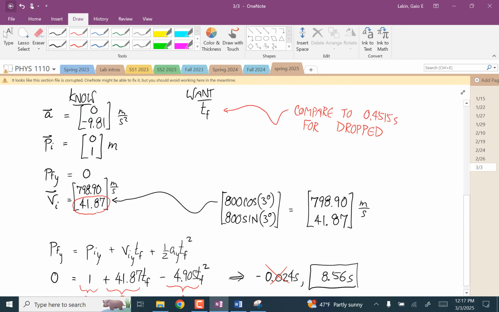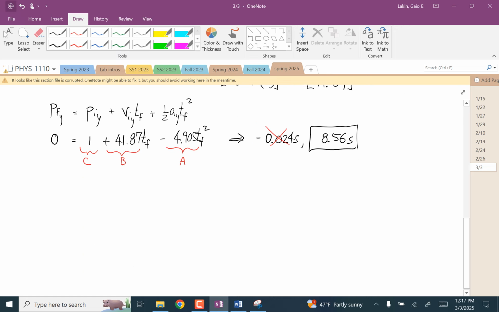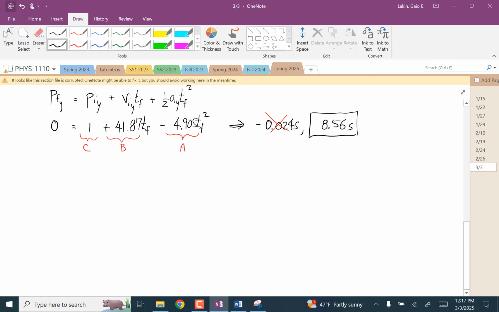So for part B now, we want to figure out what PFX is. And we can use this equation. PFX is equal to PIX plus VIXTF plus 1/2 AX TF squared. AX is equal to 0, so this one goes away.